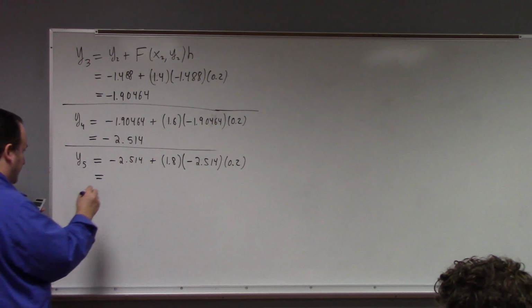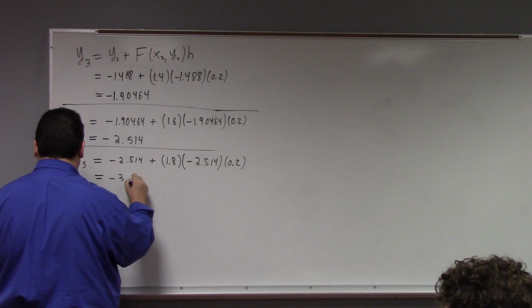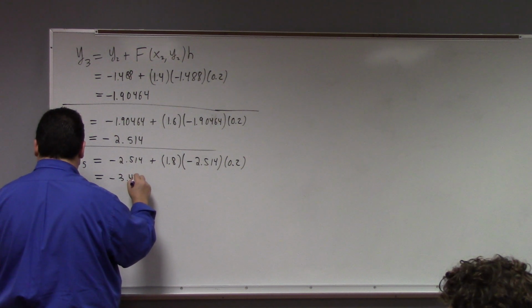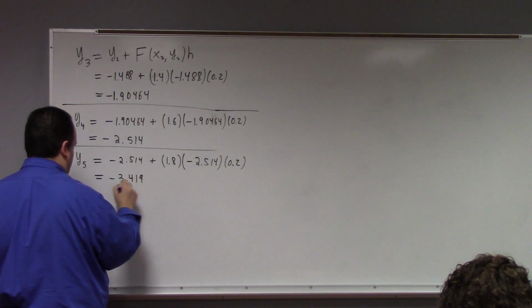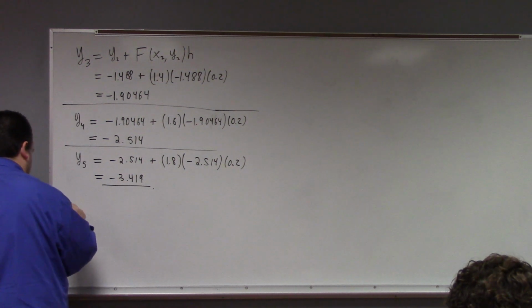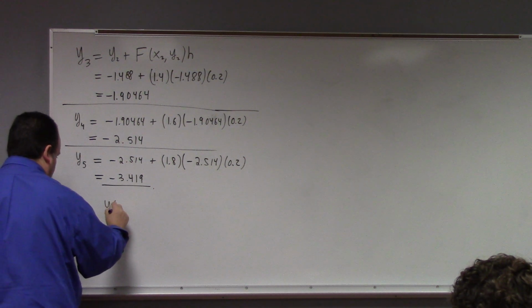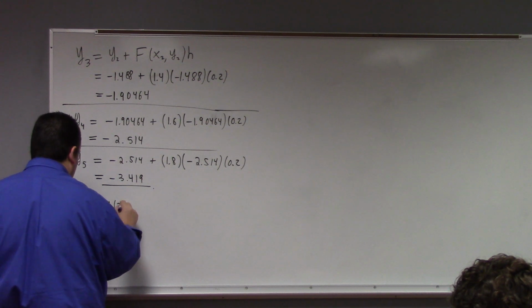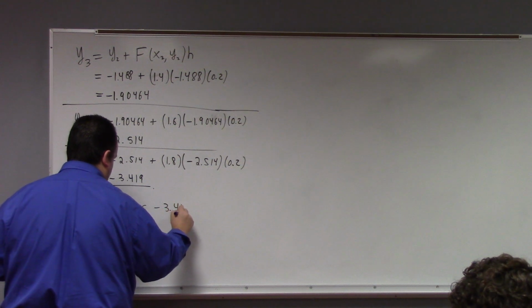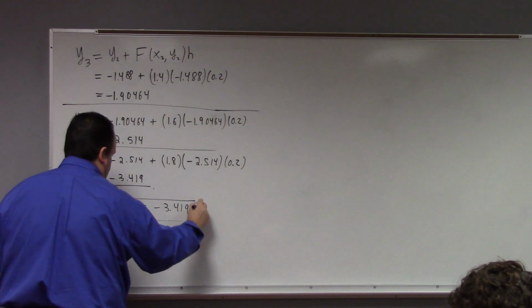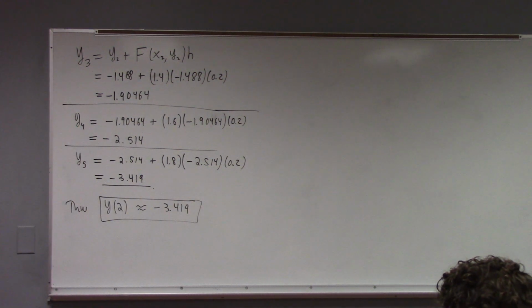Approximately minus 3.4, probably 3.419 is good enough. There we go. All right, so thus y of 2 is approximately equal to minus 3.419. That's what Euler's method gives us.